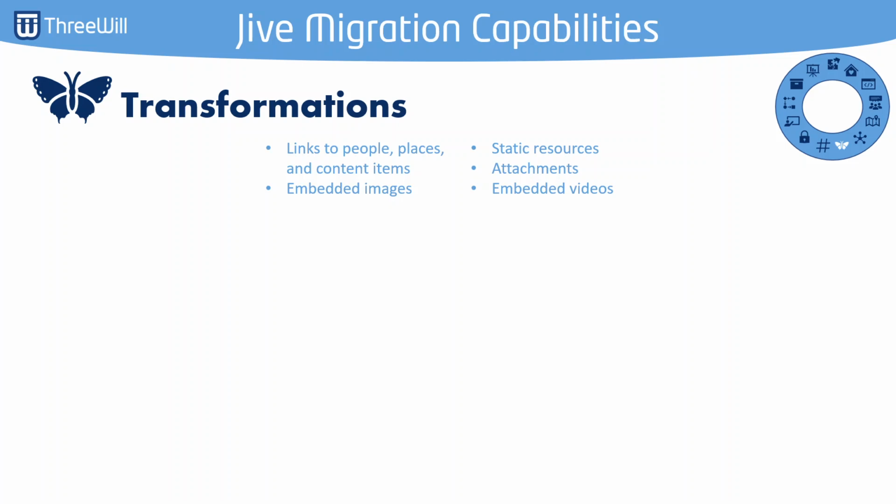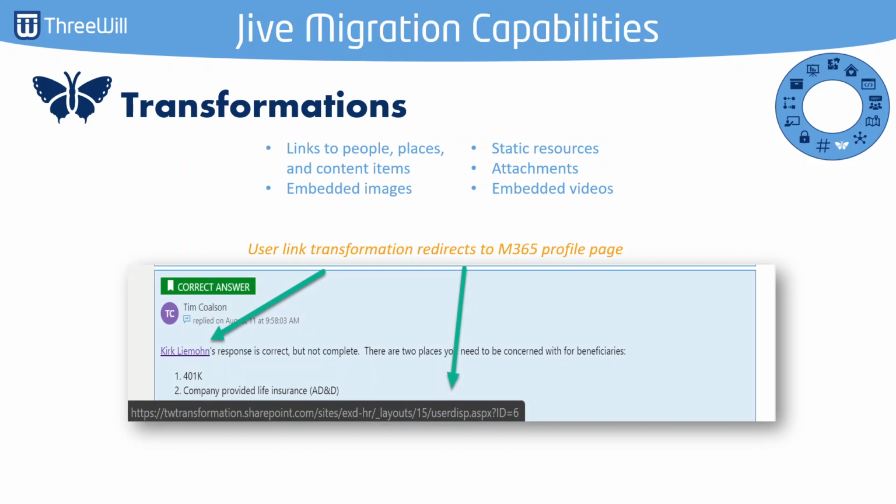Transformations are an underrated capability we have with Jive migrations. We put a lot of effort into making sure that the links and other embedded content gets transformed when we migrate it to Microsoft 365. Specifically, we make sure that links within Jive content that point to other areas in Jive are transformed when pointing to a Jive person, a Jive place, or another Jive content item.